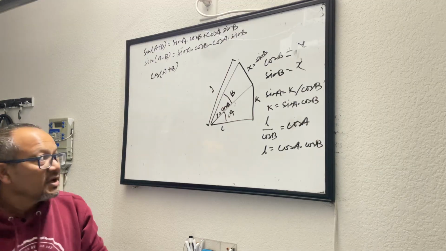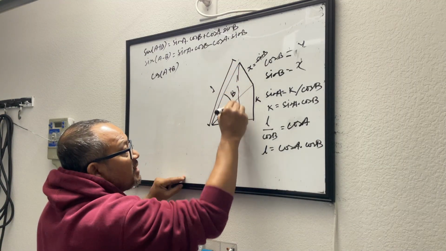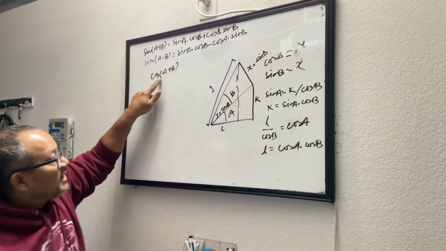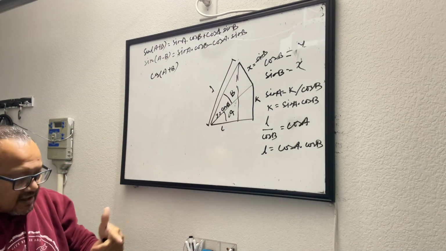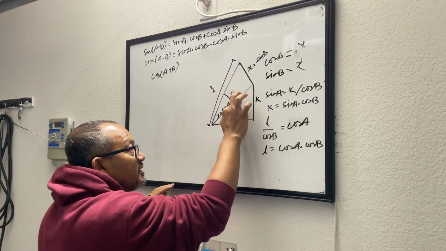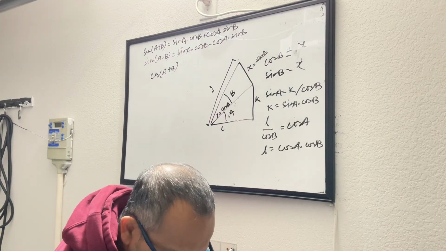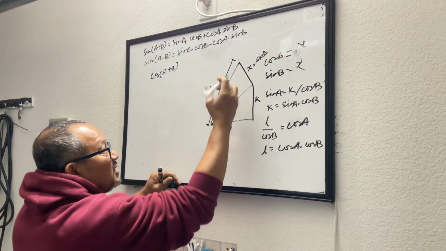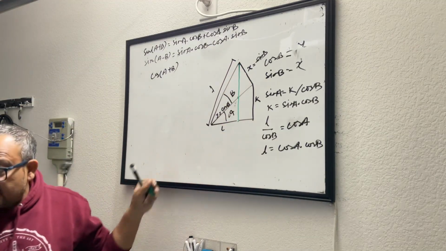Now if I drop a perpendicular from here to here, because we are trying to find out cos of A plus B, meaning cos of this complete angle, I will make this line green again so that it is visible here. Draw the perpendicular, so this green triangle.